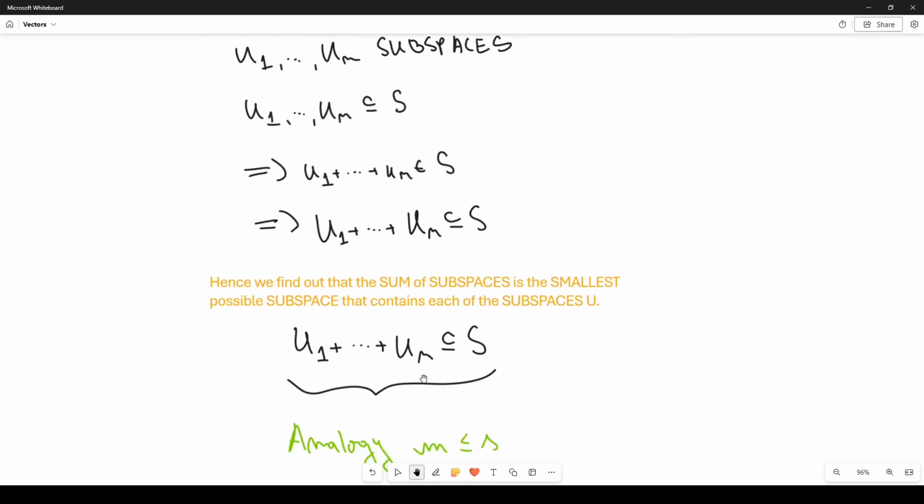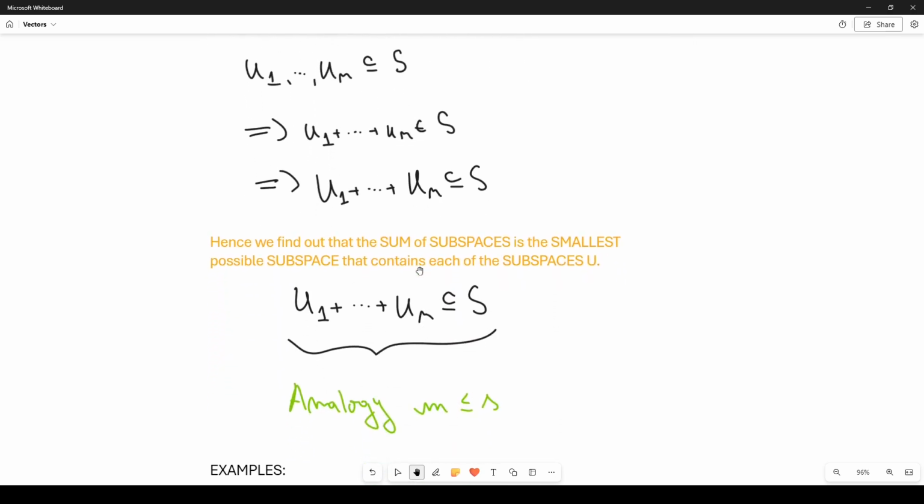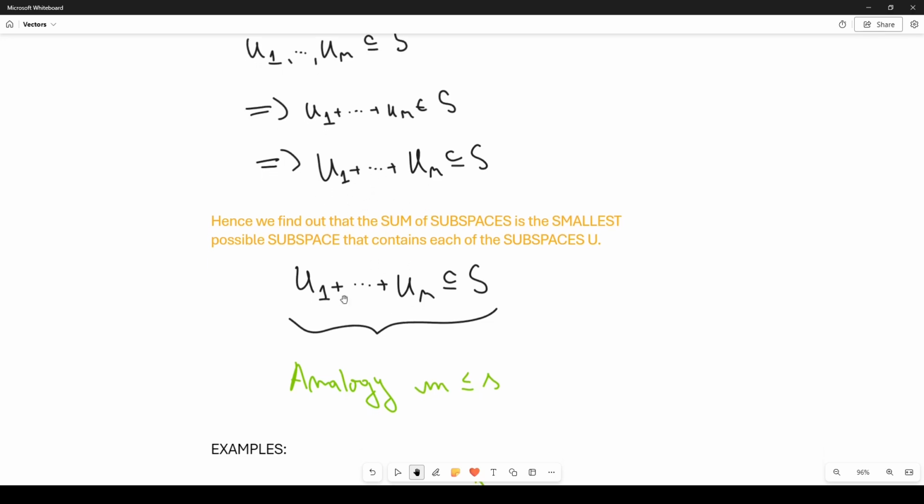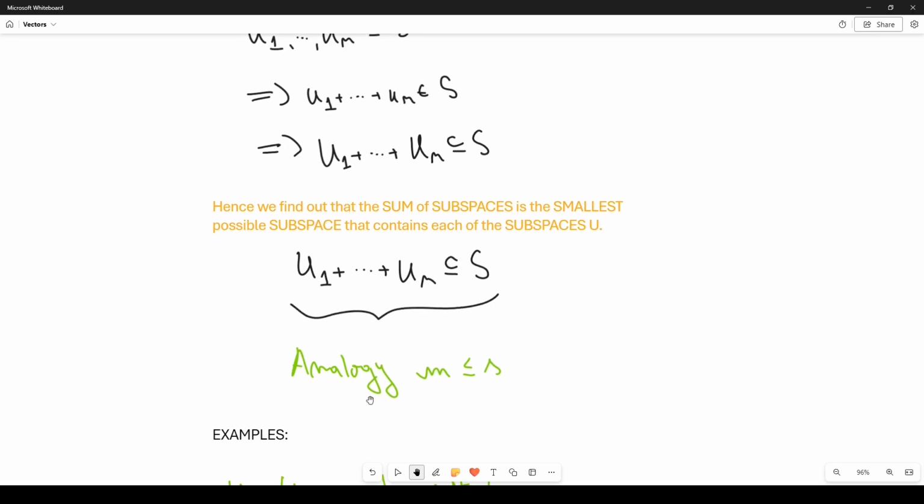So what does this establish? Well, this establishes that the sum of subspaces is the smallest possible subspace that contains each of the subspaces U. So we have this, which is analogous to, for example, if we had numbers and m is some sort of smallest number satisfying a property, well then we would have that m is less than or equal to any other number s that satisfies that property.